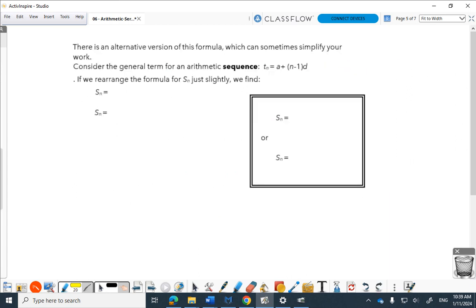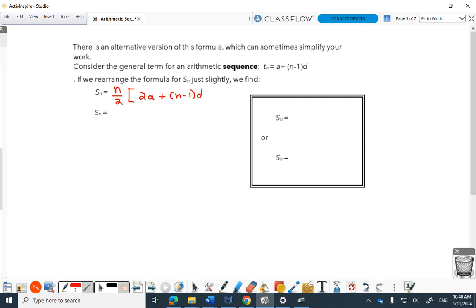There's an alternate version, and it's a very powerful version. You might like the other version depending on what they give you. We can rearrange that formula slightly. That formula says n over 2, 2a plus n minus 1d.